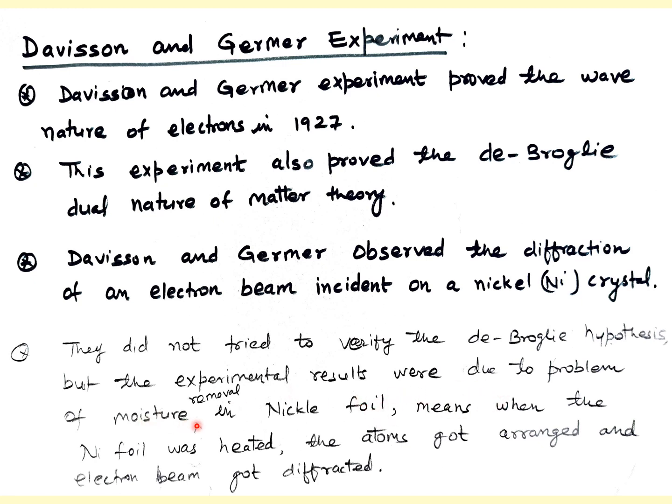There was some problem of moisture in the nickel foil, and when they heated the nickel foil, the atoms got arranged and the electron beam got deflected from this nickel foil.